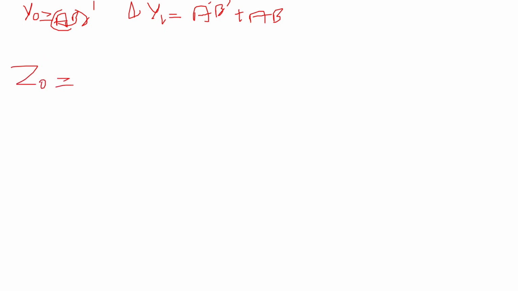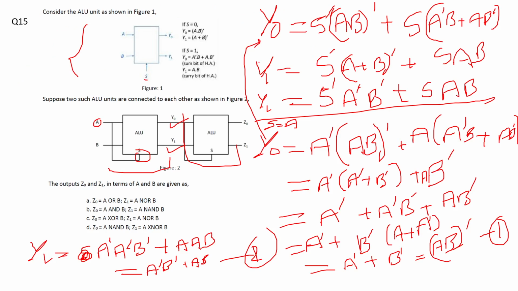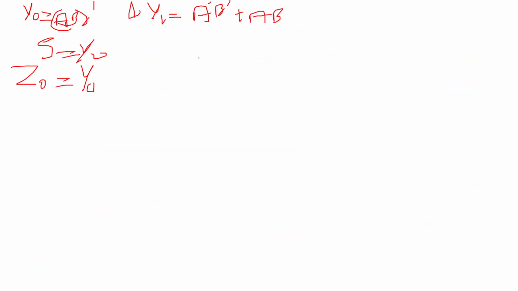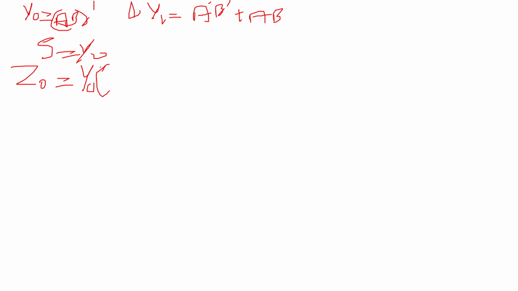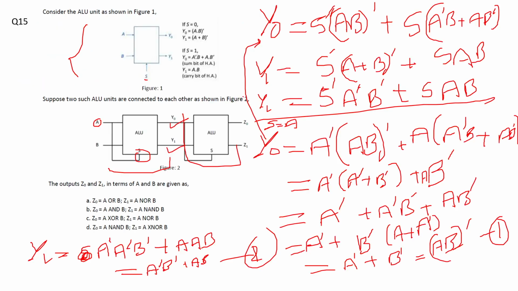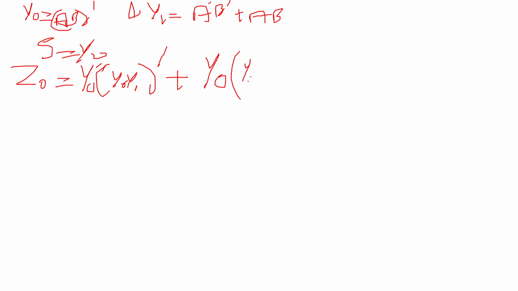Now Z0 will be equal to, replacing S by y0 for this ALU, y0 complement with y0 y1 bar plus y0, that is, y0 complement y1 plus y1 y0.